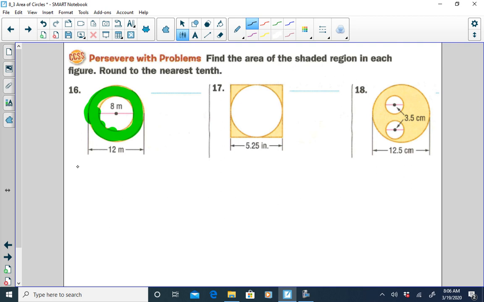So step 1, we want to find the area of the entire circle. Right? So I'm going to put the green back here. In step 1, we're finding the area of this entire circle.